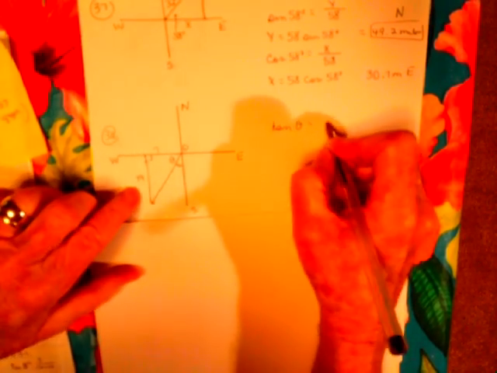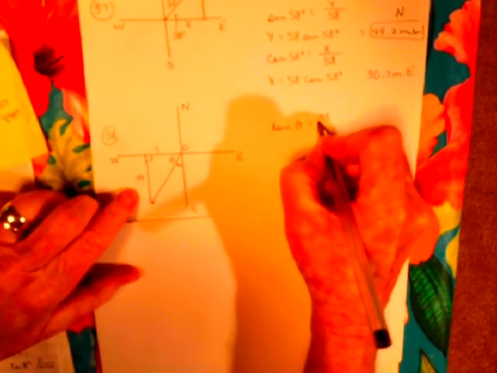Since we are given the adjacent side and the opposite side, we know that we're going to use tangent. The tangent of theta equals opposite, which is 39, over adjacent, which is 7.